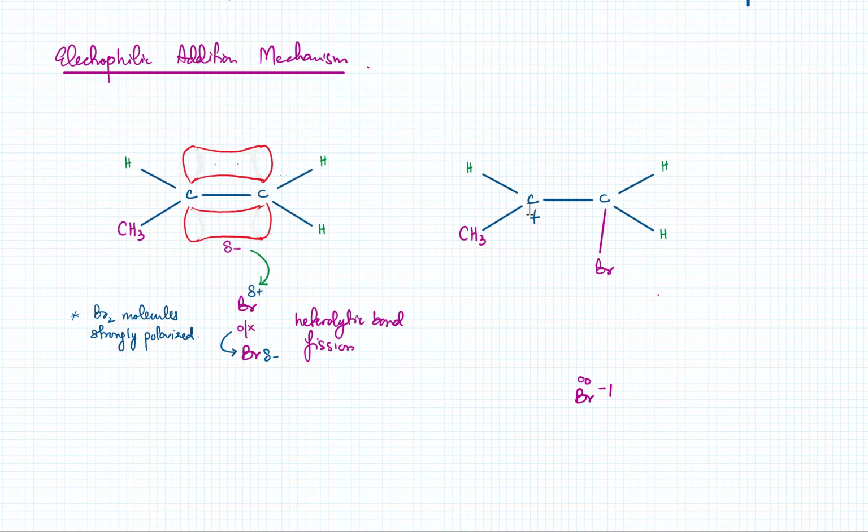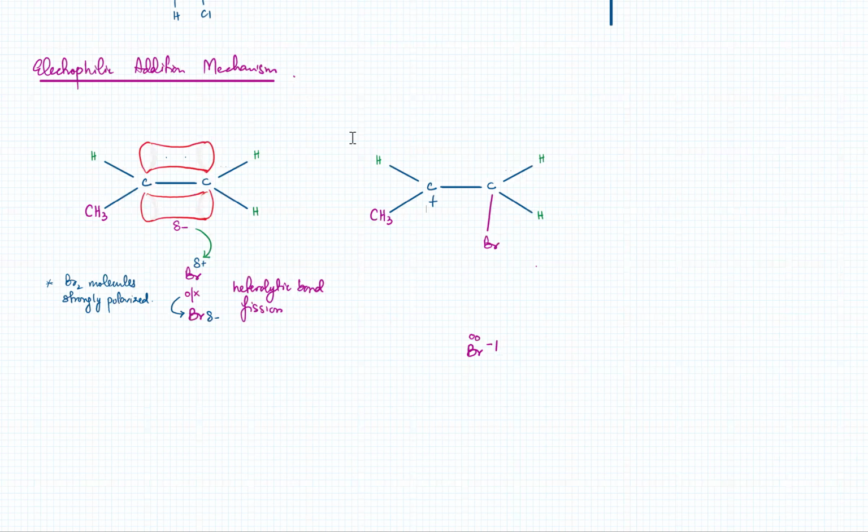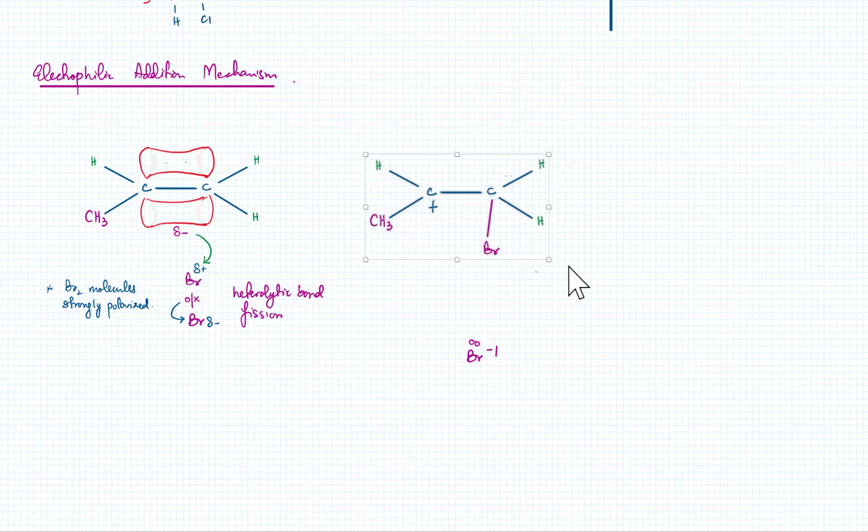So this carbon ends up losing electrons to this bromine. But there are two possible carbocations. It could be the other way around as well: this bromine could take away the pi electron cloud and bond with the other carbon atom, and that carbon would be the carbocation. So there will be two possible carbocations formed.